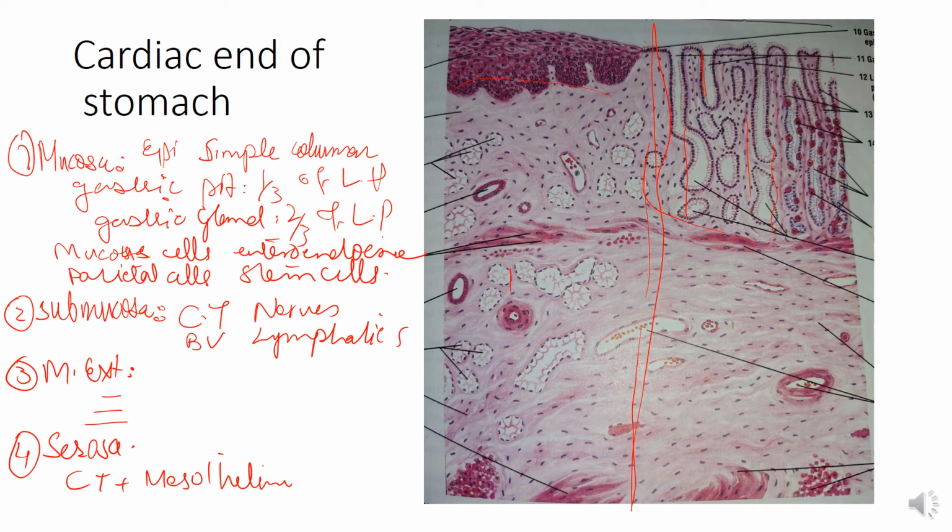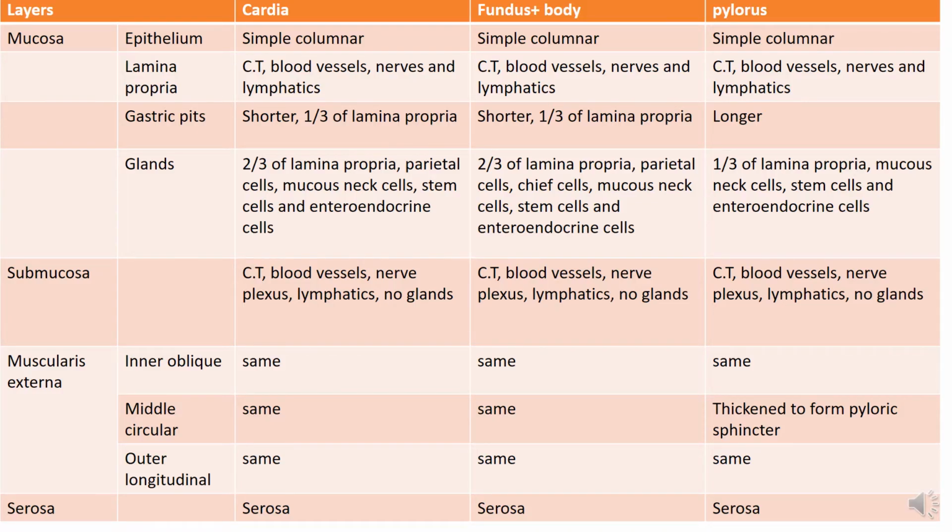The differences just lie in the mucosa of these various regions of the stomach, and 2 things are there: the length of gastric pits and gastric glands, and the cells. So these are the various differences in the different regions of the stomach, that is cardia, fundus plus body, and the pylorus.